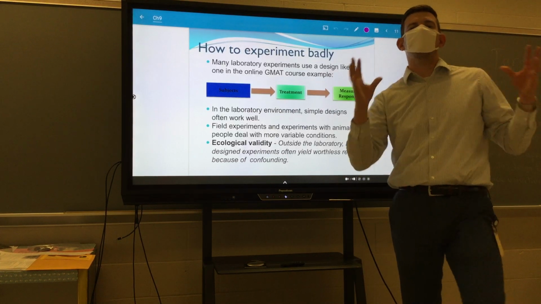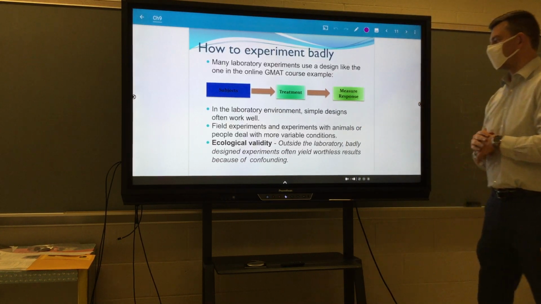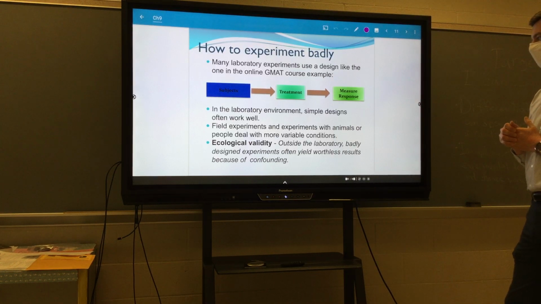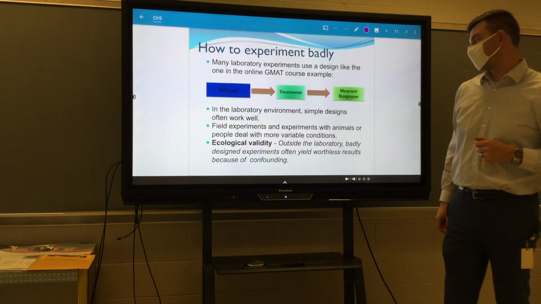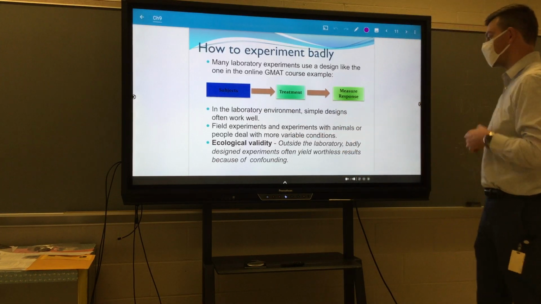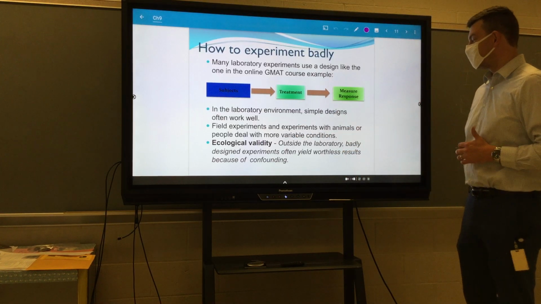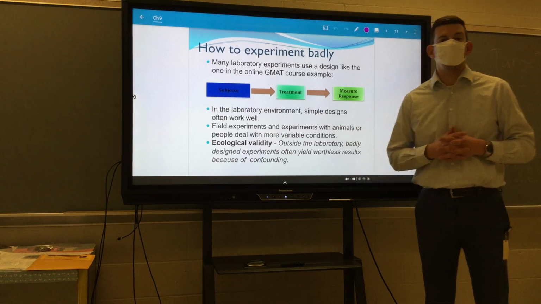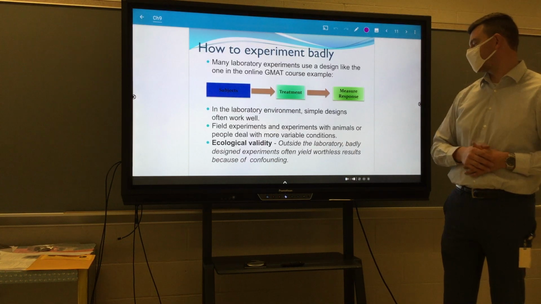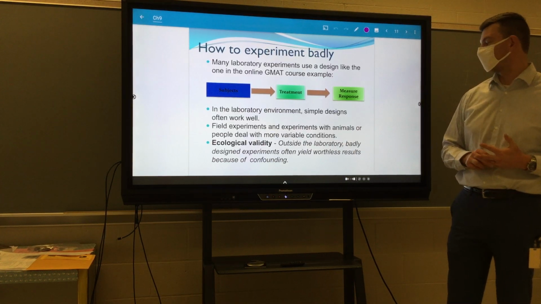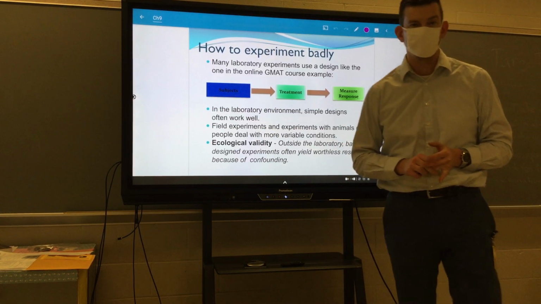It's not as perfect as these artificial settings sometimes. In the laboratory, these simple designs often work very well. But field experiments and experiments with animals or people deal more with variable conditions. Outside the laboratory, badly designed experiments often yield worthless results because of the confounding.